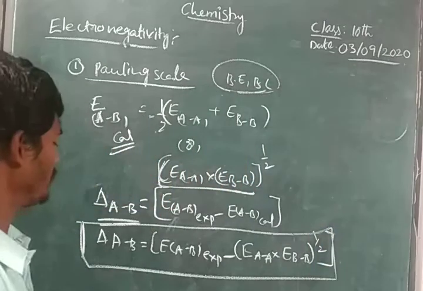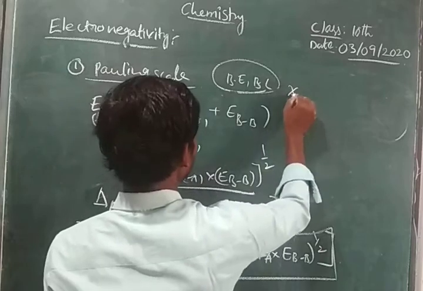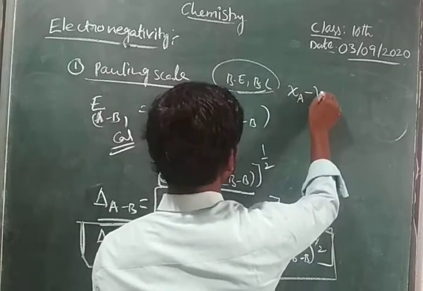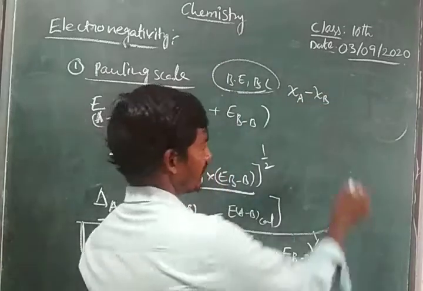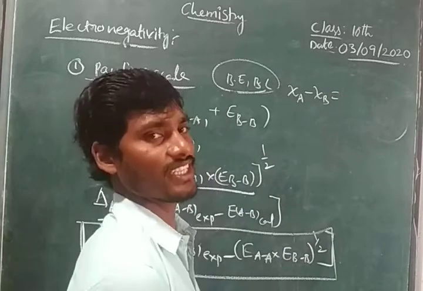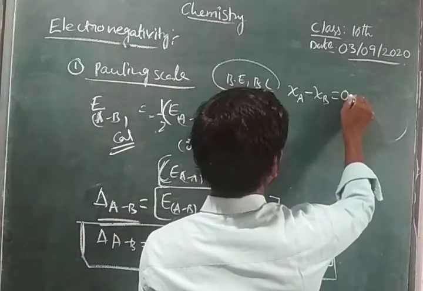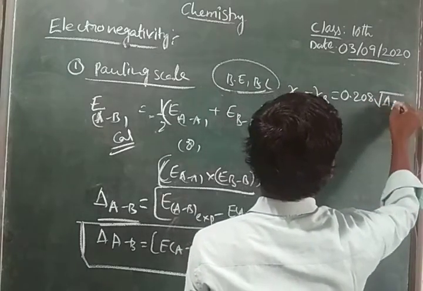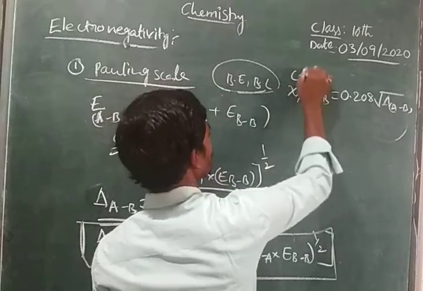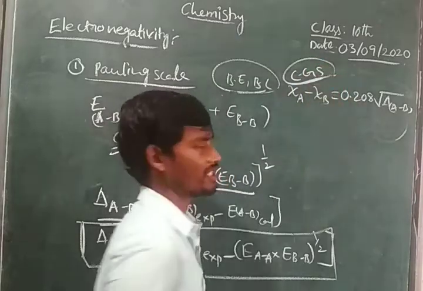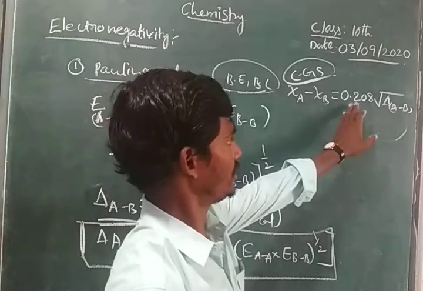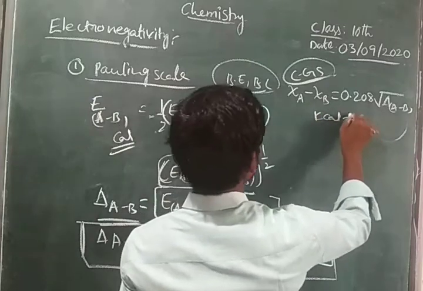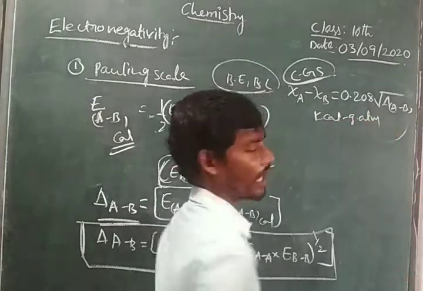The electronegativity of atom A, that is Ja, minus the electronegativity of atom B, that is Jb, equals 0.208 root over delta AB. This is in CGS units, expressed in kilocalories per gram atom.